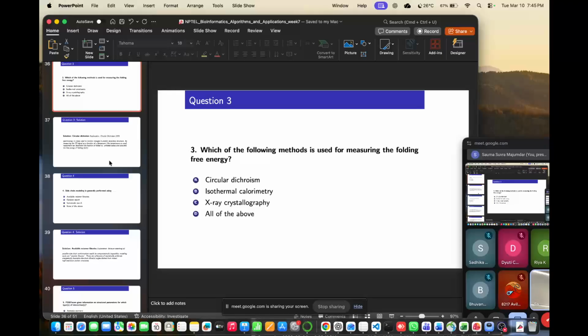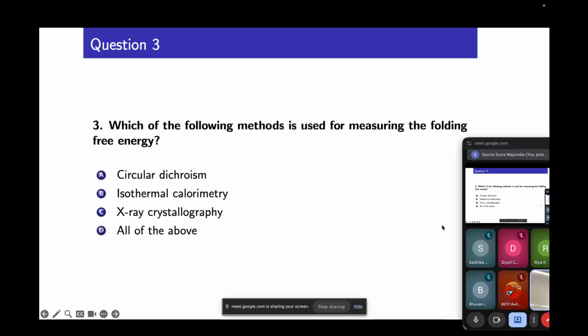Okay, but the answer given is circular dichroism, and circular dichroism is definitely used for measuring folding free energy. Isothermal calorimetry looks like it is measuring delta H, not delta G. But both are measuring some sort of energy change. So yeah, be careful with these type of questions.